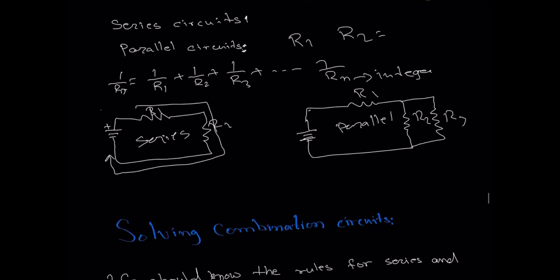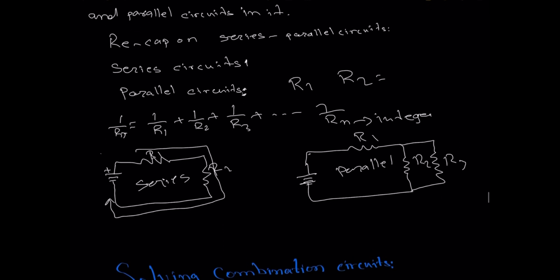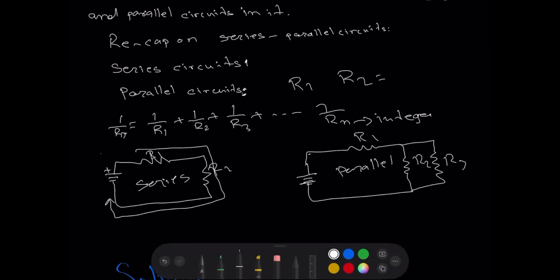Before we move into solving combination circuits, if you look at this circuit right now, it has both. This branch is a series circuit. If you cut this piece out, it has a parallel circuit too.